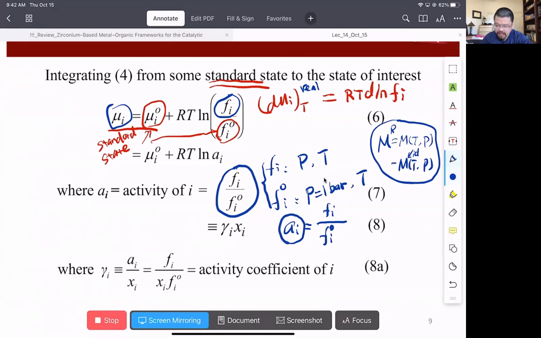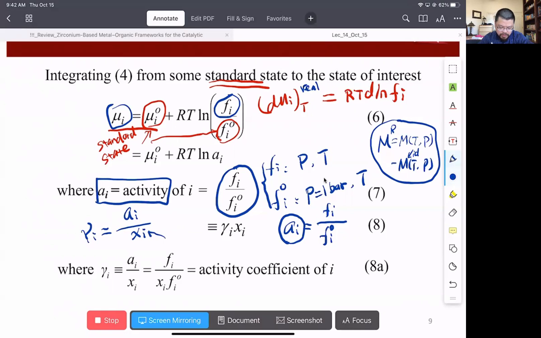So this is the first: after the fugacity, we define this as the activity. And we also define the activity coefficient. If you look at the activity coefficient, it is defined by a i over x i. We have this activity to understand the deviation from the standard state, but we also hope that we can look at the system with respect to the liquid phase.